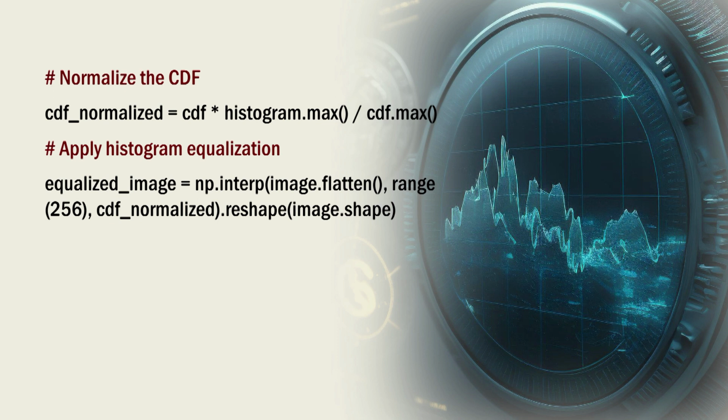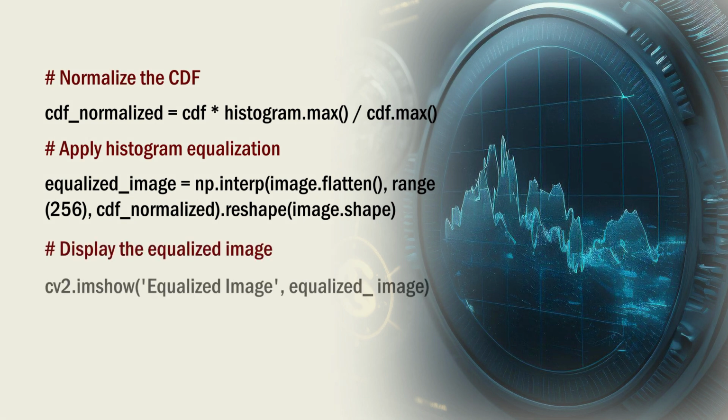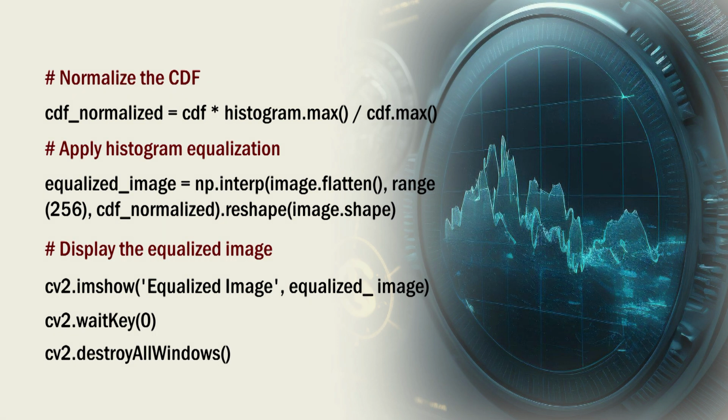Here we have to check whether the image is flattened or not, check the image shape, and use the normalized function. After that we display the equalized image. Now our image is equalized, and by imshow we can show the equalized image and compare our original image with the equalized image.